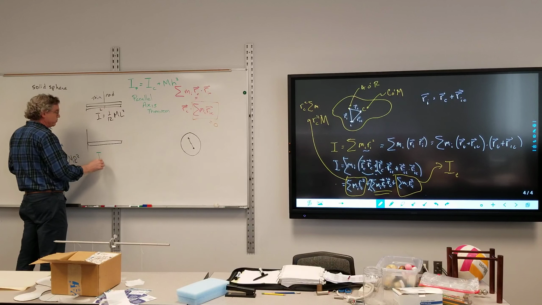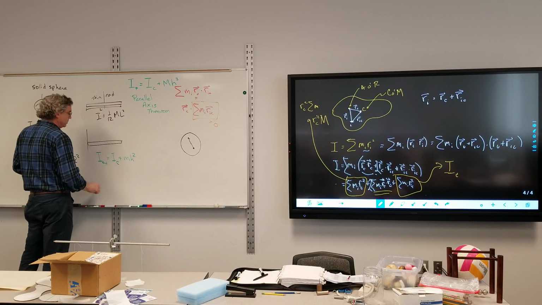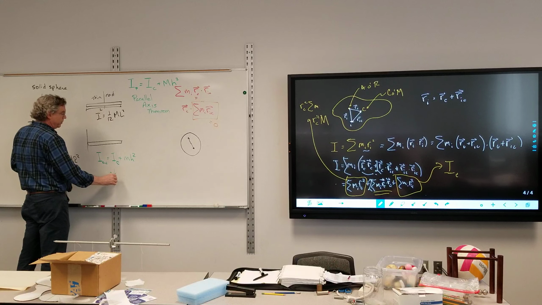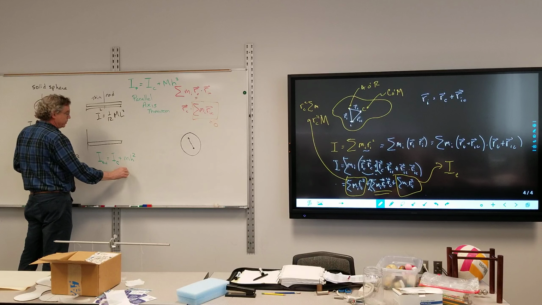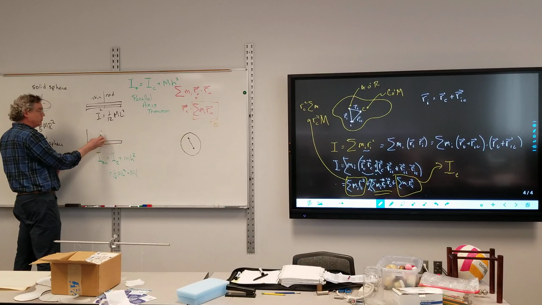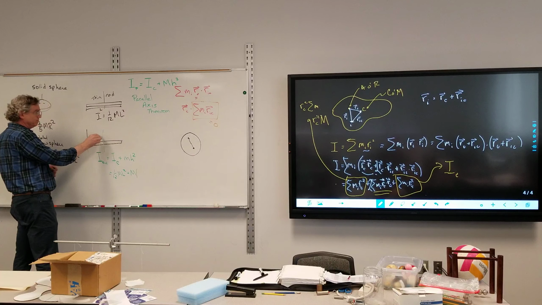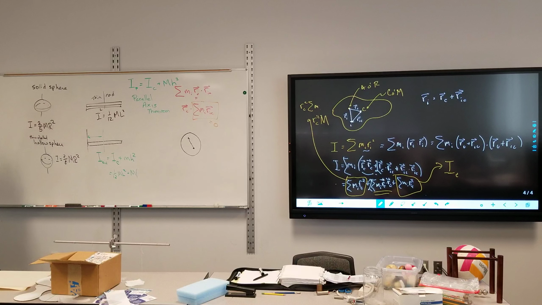The moment of inertia rotating about the end is going to be the moment of inertia rotating about the center plus m h squared, which is 1/12 m L squared plus the mass times, well, I shifted the axis from here to here. So that's how far I shifted the axis.